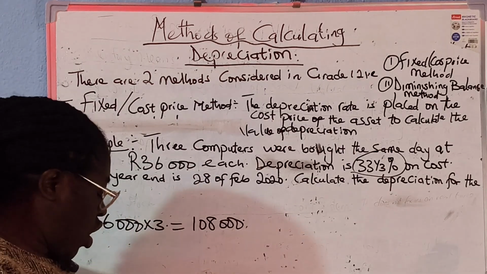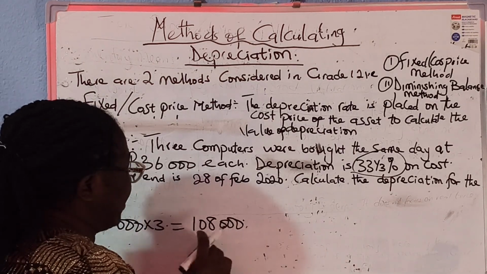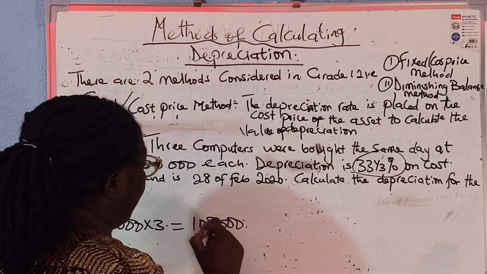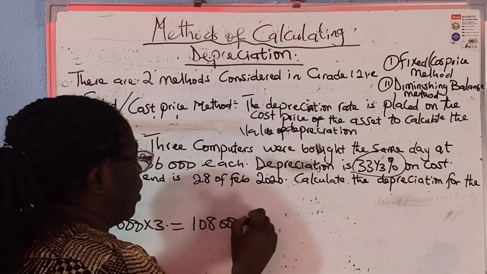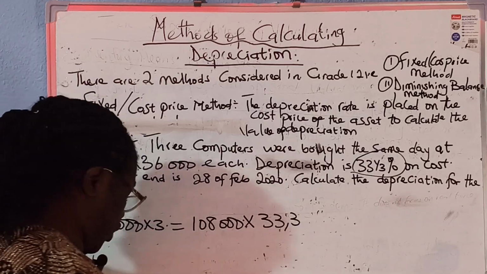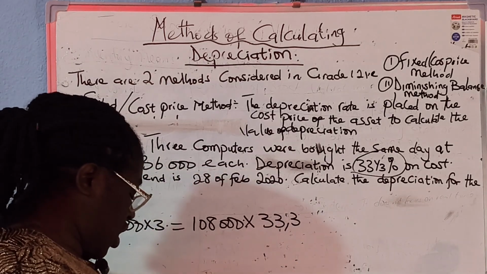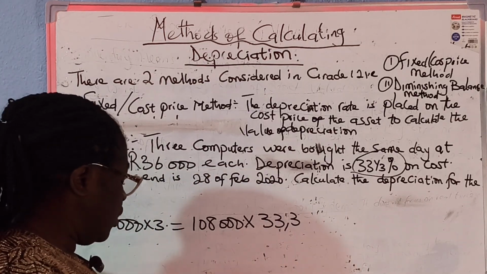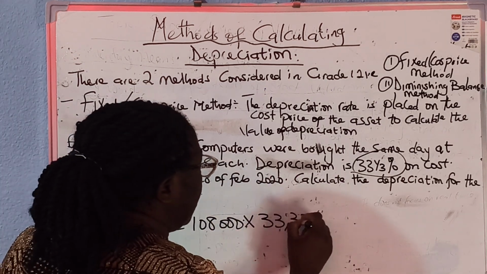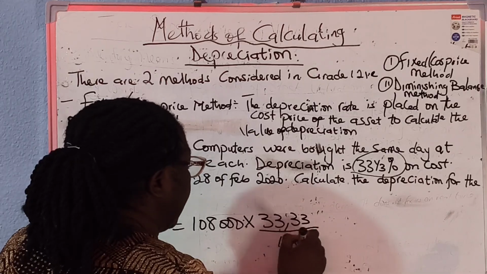If you check, 1/3 will give you 0,33, so I'm going to say 33,33 over 100.